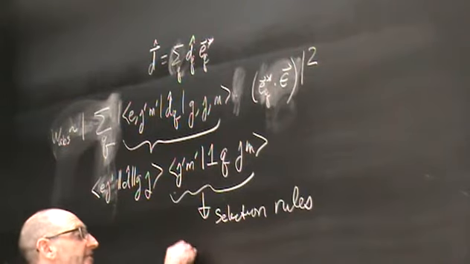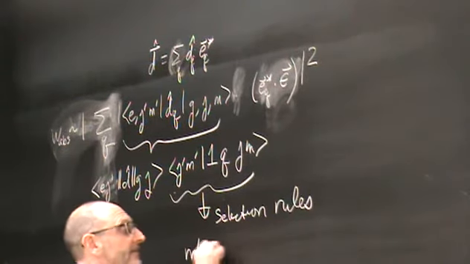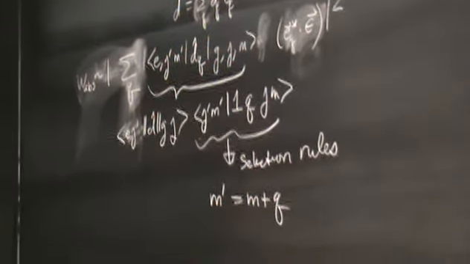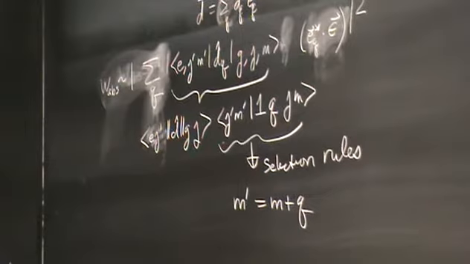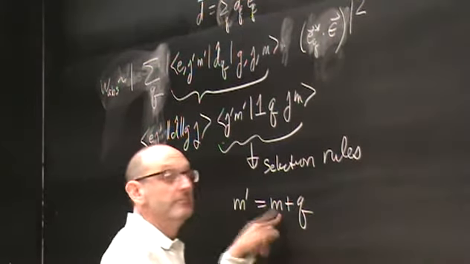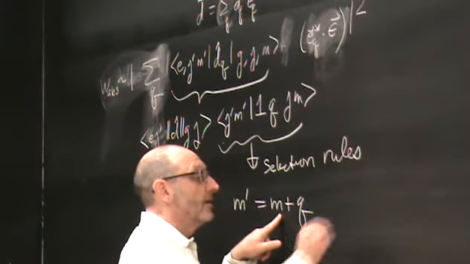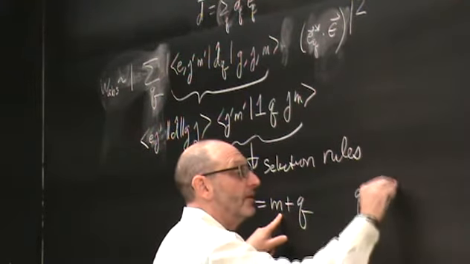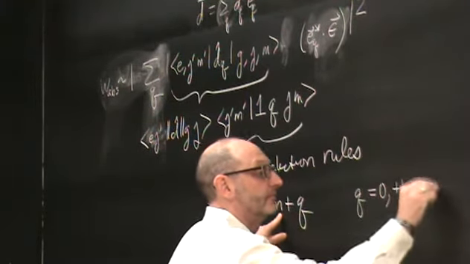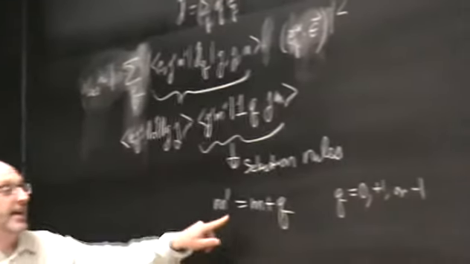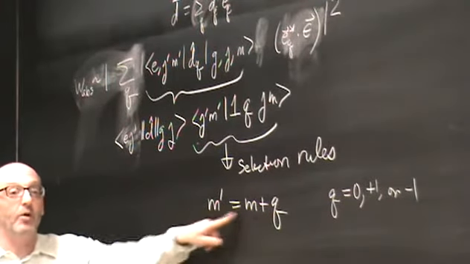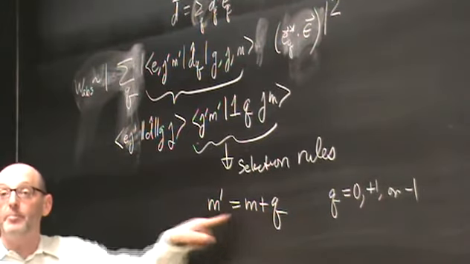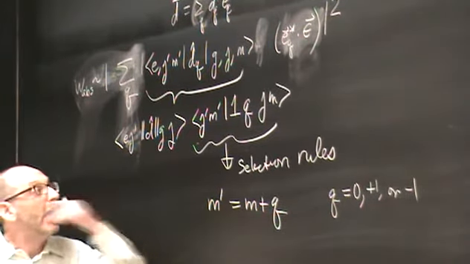It must be the case that M prime is M plus q. And generally q can be either 0, plus 1, or minus 1. So we cannot change M with an electric dipole by more than 1. We can keep it the same, or we can make it go up or down by 1 value.